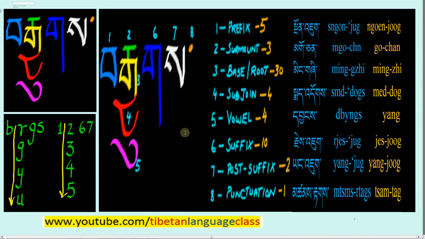In the example we have here, the syllable is po, ra, gata, ga, yata, gya, shapkyu, gyu, ka, sa, gyuk.